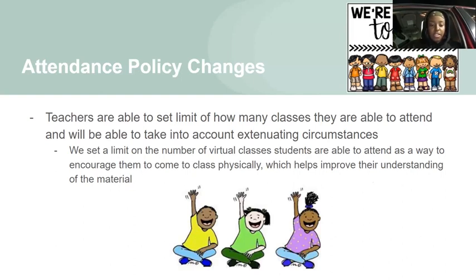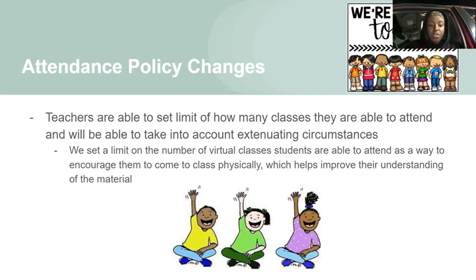And so we also have an attendance policy change, which is where teachers are able to set a limit of how many classes students are able to miss, and they will be able to take into account extenuating circumstances of students. So if the student needs to miss class for family emergencies or sickness, based on what they tell their teacher.